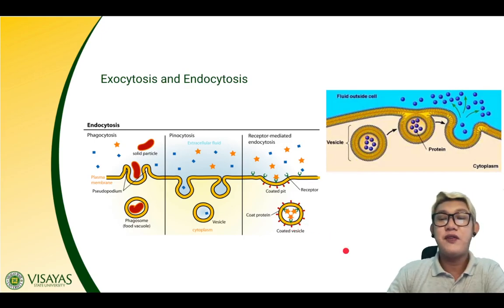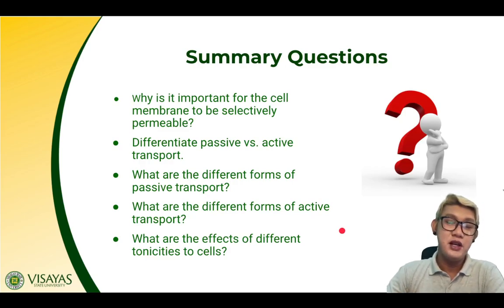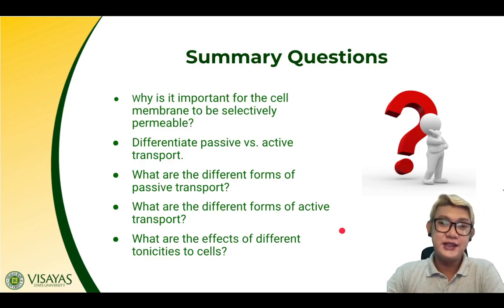Okay, so those are the different types of passive and active transport mechanisms, how cells acquire nutrients from the environment, as well as how different types of compounds and molecules are transported through the cell membrane, owing to the selective permeability of the cell membrane.